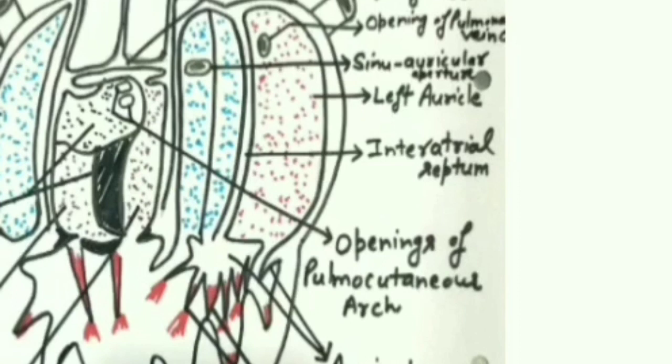Phalangium and synangium are both separated by a spiral valve. And see, this valve is vertical in the lower part, then it becomes oblique in the middle part and horizontal at the anterior end. So this spiral valve divides the cavity of Truncus Arteriosus into proximal phalangium and distal synangium.